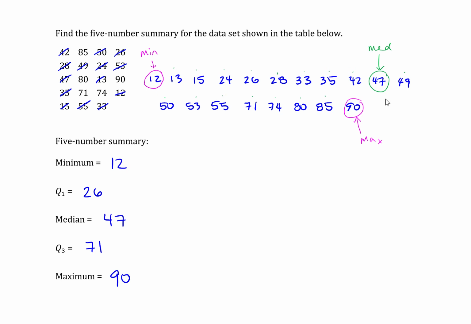Now, that separates our data into a lower half of the data and an upper half of the data. So the lower half of the data is this set right here. The lower half of the data has a median as well.